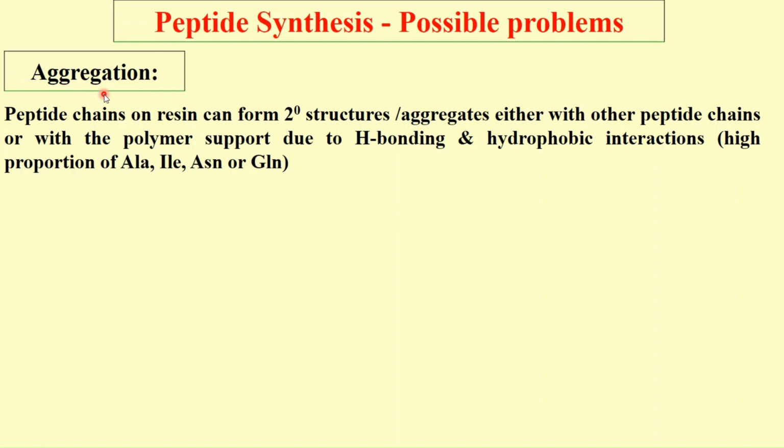This aggregation occurs either with the peptide chain or with the polymeric support. The cause for aggregation is either hydrogen bonding or hydrophobic interactions. This generally occurs when the peptide has high content of alanine, isoleucine, asparagine, or glutamine.